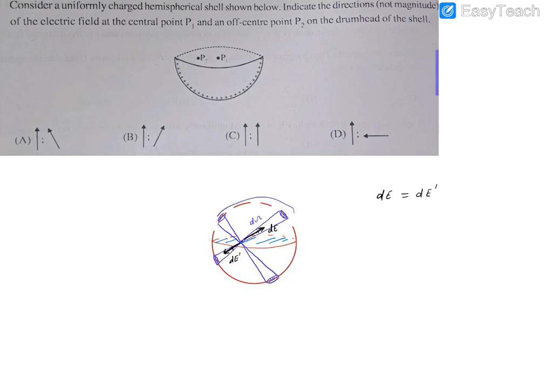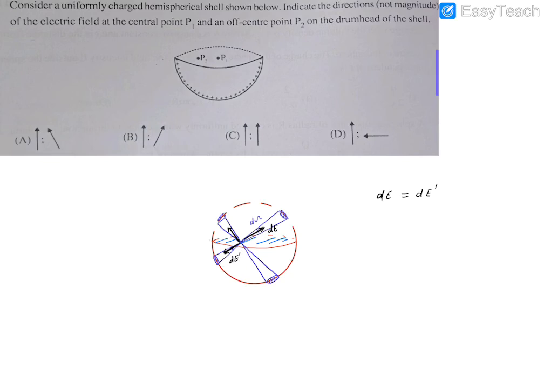Now let's say this one I'm indicating with a dash, the upside, and this one by the simple letter. Now you'll find the field because of this portion is going to be in this direction, and its magnitude is going to be the same as this, that means the same as this dE dash. Why?